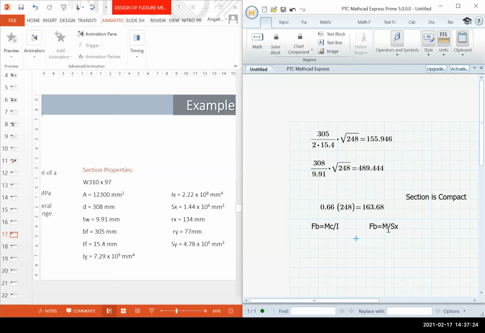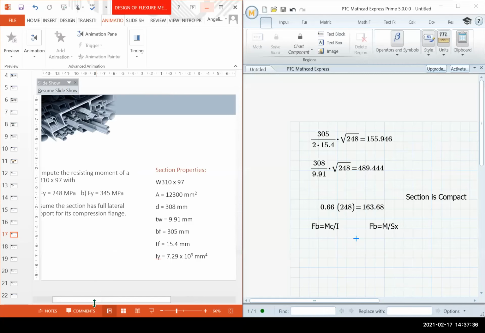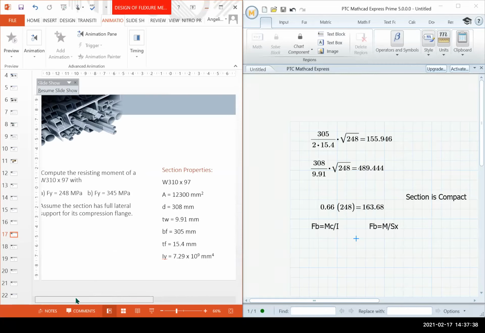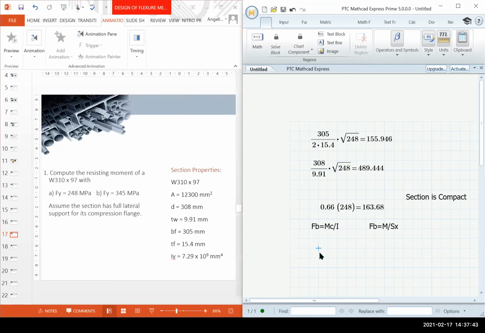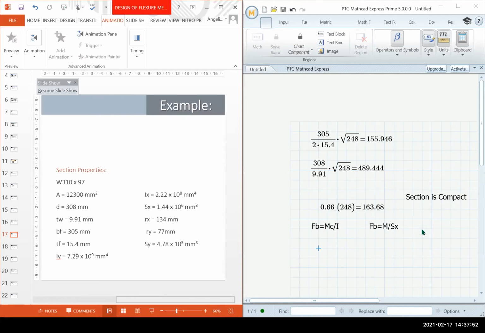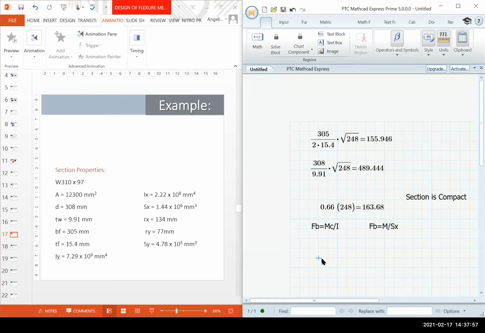So, to compute for your M, from this equation, pwede natin sabihin na moment is equal to FB times SX. So, to get your moment, since yun yung tinatanong, tama ba? Compute the resisting moment. So, yung moment capacity nung section ang tinatanong. So, to do that, all we need to do is multiply the allowable bending, which is 163.68, to your SX or your section modulus, 1.44 times 10 raised to 6. So, multiply lang natin.